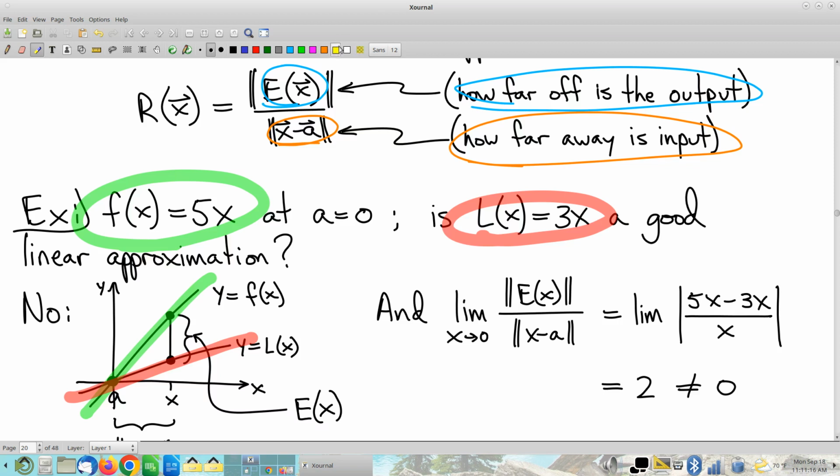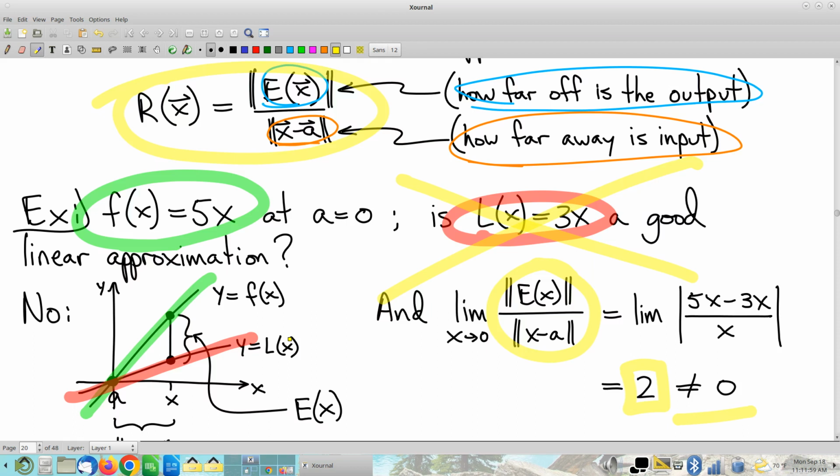Notice that relative error, this right here, you plug in the various things, and that relative error approaches 2, which is not 0. So if I require that relative error, not just error, relative error must go away, then as we want, this obviously bad approximation is discarded, as it should be. Everybody see the idea?